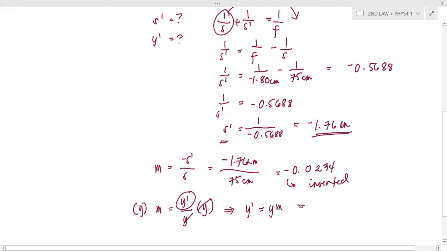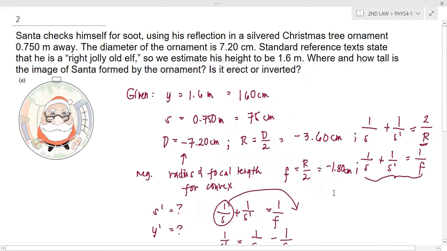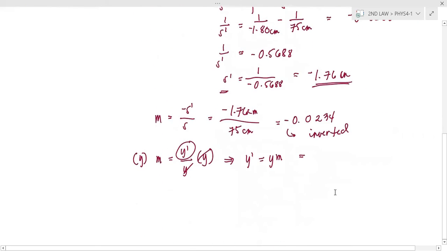The original height, or the object's height, is 160 centimeters, so we will multiply it by 0.0234. This will give us 3.8 cm. Now this is the height of the image, that Santa's image that was formed in the ornament.